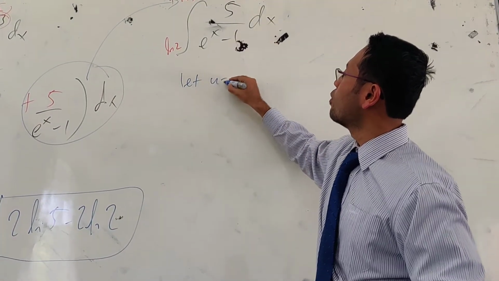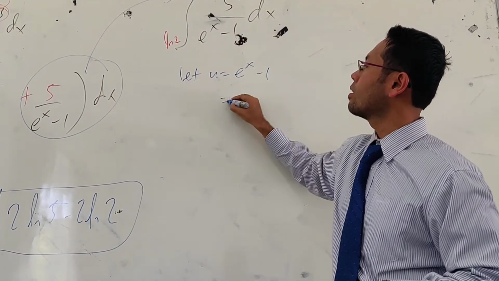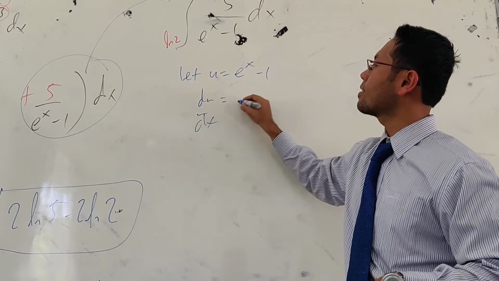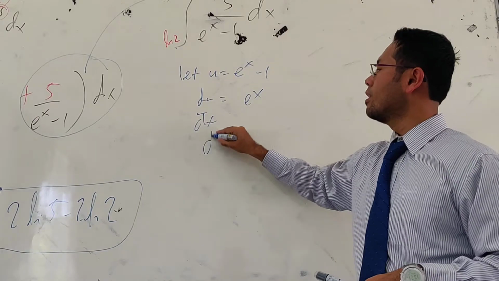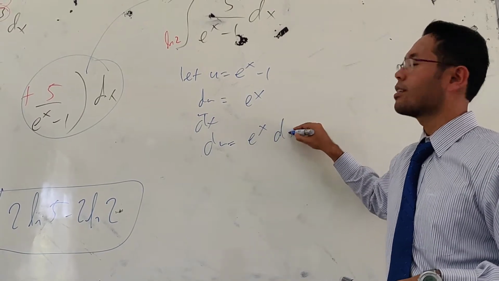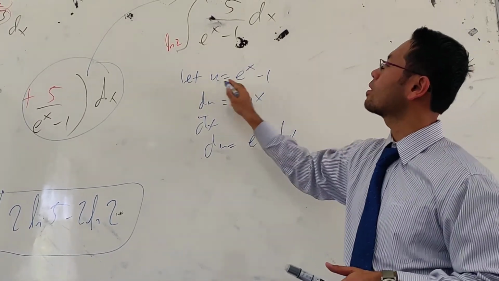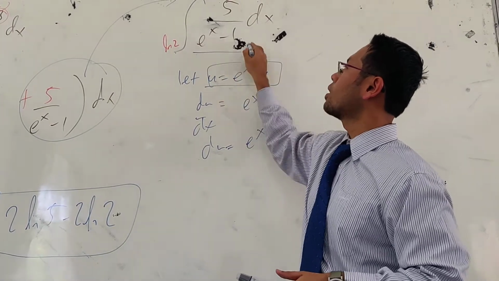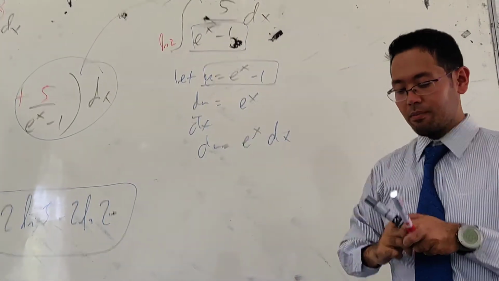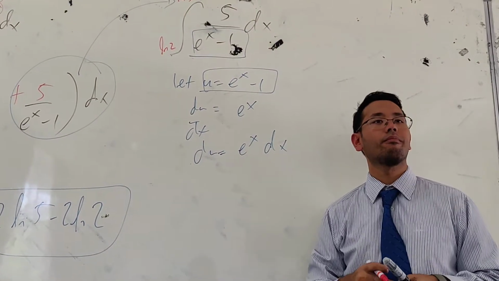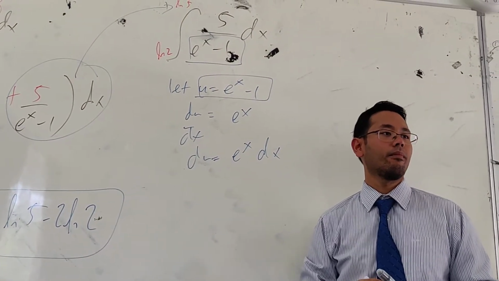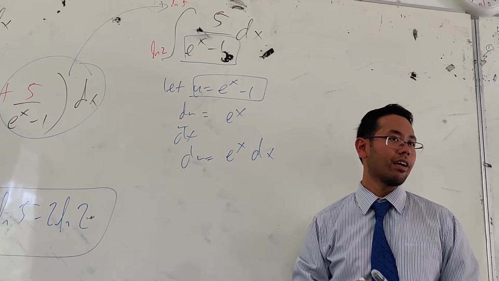So let u equals e^x -1. du/dx is e^x. du equals e^x dx, this is normally where we stop. We substitute. This one is over here. But can I find e^x dx at all? There's no e^x dx.